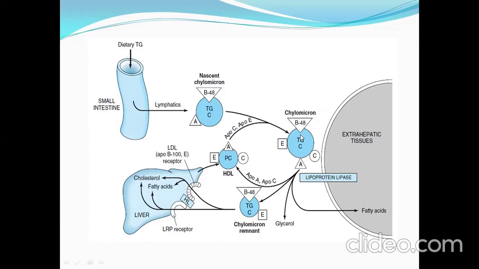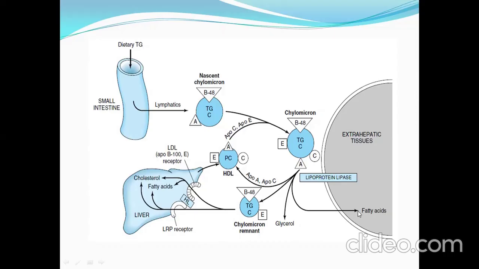And with the help of the lipoprotein lipase enzyme, as you all know, lipase comes under the hydrolase group of enzymes, so they need water molecules. Here lipoprotein lipase breaks down the chylomicrons, and then finally we get derived lipids.